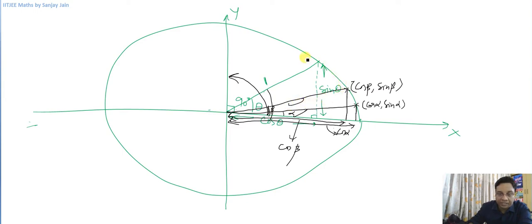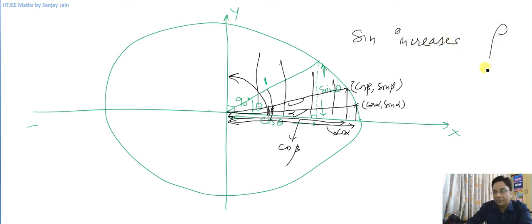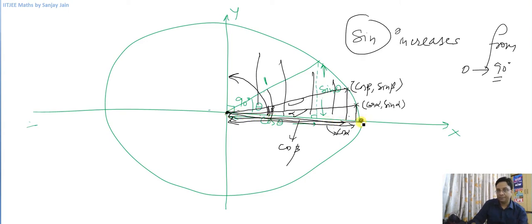So when I am increasing the angle, this vertical length keeps on increasing, that is sine increases from 0 to 90 degrees. But look at the horizontal length. This horizontal length was maximum at this point, right?